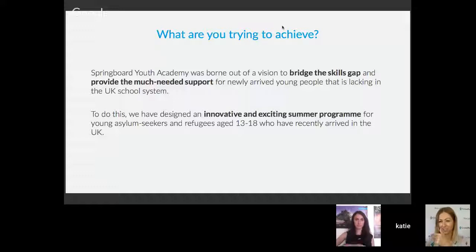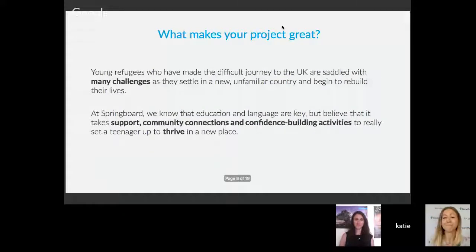So it's going one step further than just the physical. They're going to be running an innovative and exciting summer program. That's what they're looking to do. But what is that achieving? In that bit above, bridging the skills gap and providing that much needed support. I just picked out those 2 sentences which really jumped out to me.